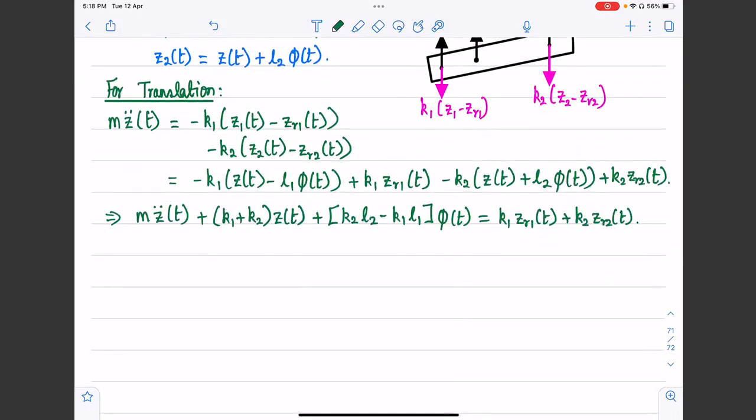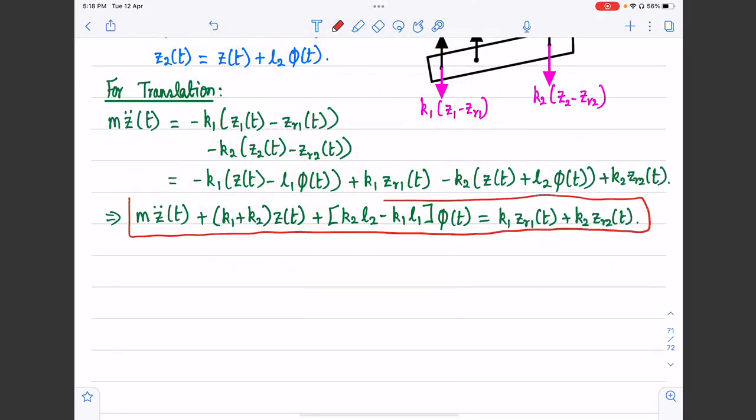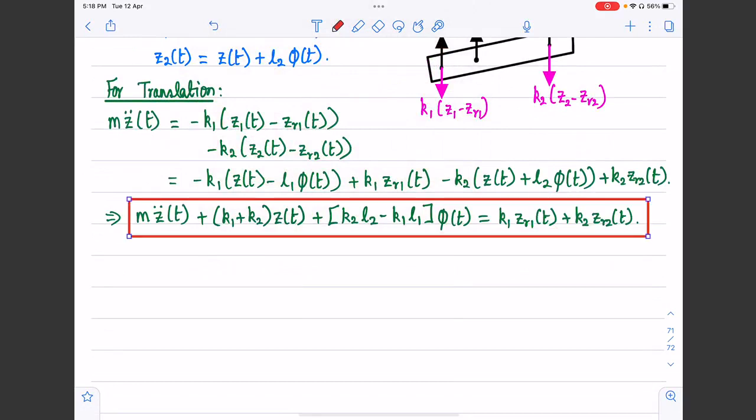Okay, so that will be the equation of motion for translation of the sprung mass. Let's call this equation 1. So this is for translation.